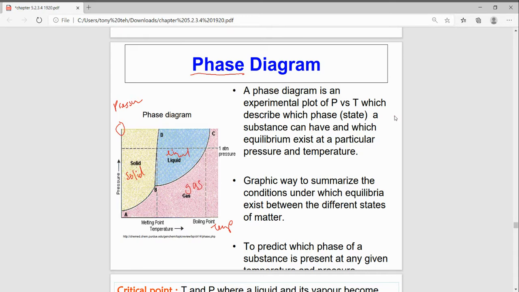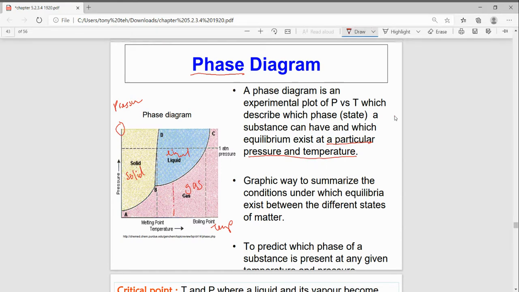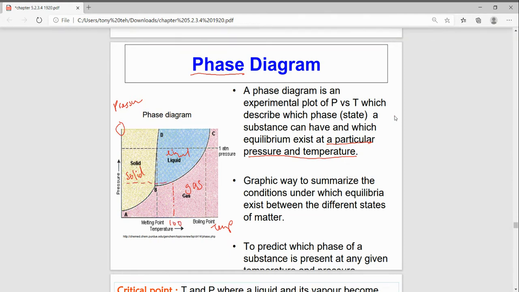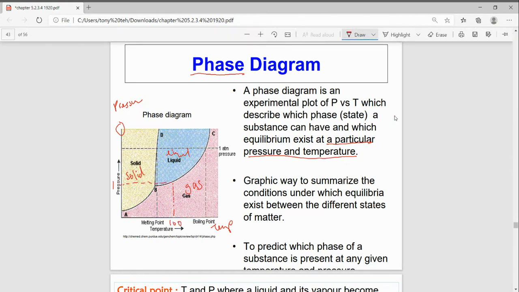For example, if I want to know a particular pressure and temperature, for example, this one is 100 degrees Celsius, and this is, for example, 180 M. So at 180 M, 100 degrees Celsius, it would appear as liquid and gas in equilibrium.